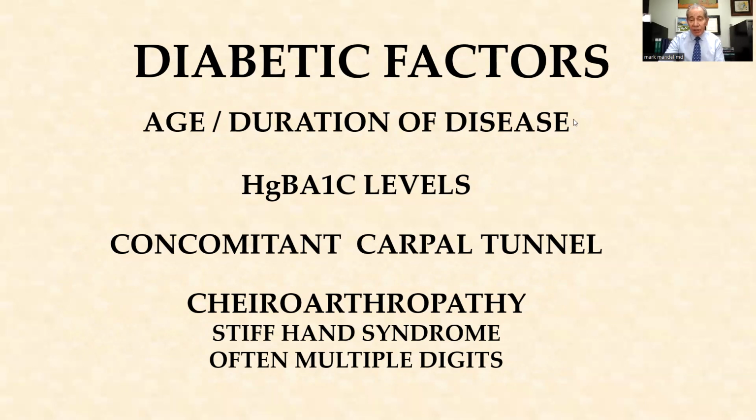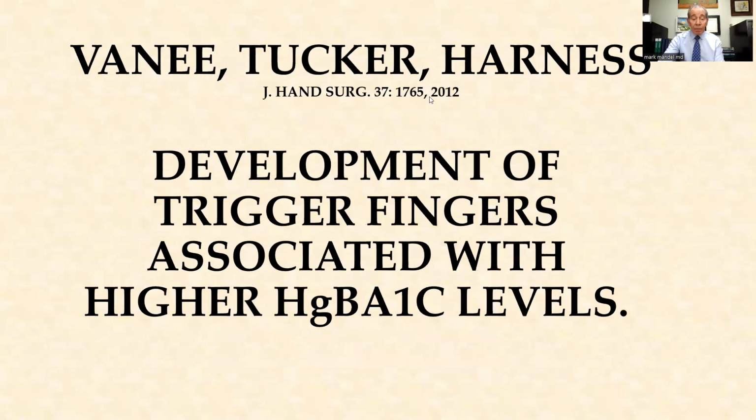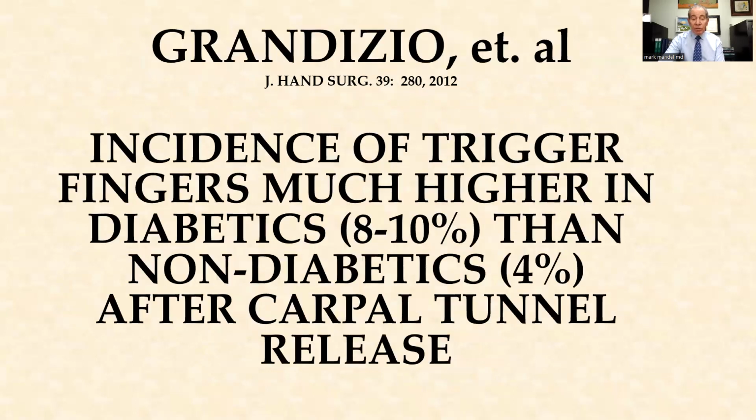But patients who are long-standing diabetics, people whose HbA1c levels are elevated, people who have had concomitant carpal tunnel, or have a very unusual entity called arthropathy or stiff hand syndrome, they have a very, very high incidence of tenosynovial problems. And this was pointed out by Vanny and associates, and they noted that trigger fingers were associated with elevated HbA1c levels.